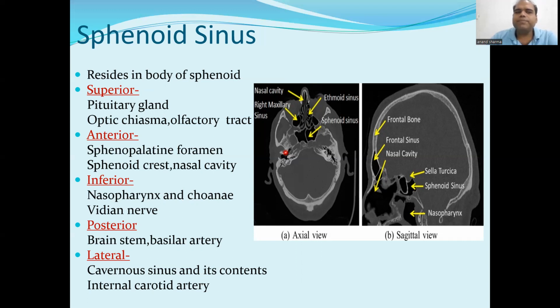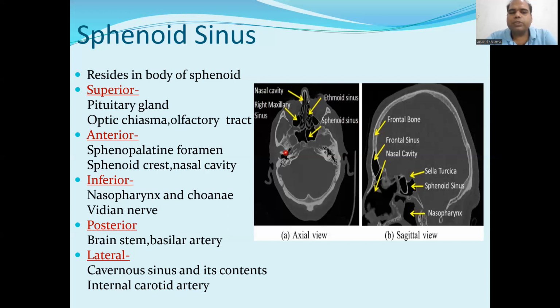Similarly, anteriorly, the sphenopalatine foramen is there, and the sphenoid crest as well as the nasal cavities are there anteriorly. Inferiorly, there is the nasopharynx and choana. Also remember, the vidian nerve travels in the floor of the sphenoid sinus.